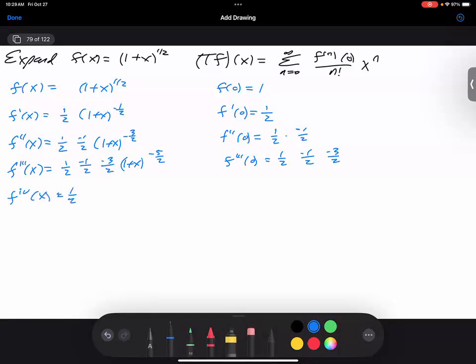The next derivative is 1/2, negative 1/2, negative 3/2, negative 5/2, (1 plus x) to the negative 7/2. And then the fourth derivative at 0 is 1/2, negative 1/2, negative 3/2, negative 5/2.